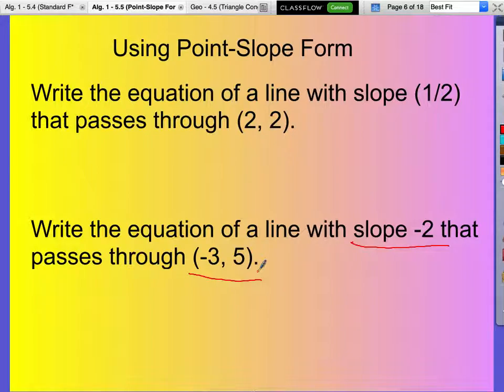So we write an equation of a line with this. I want you to take your point slope form and write this equation in point slope form. And then stop, just like we did last time.